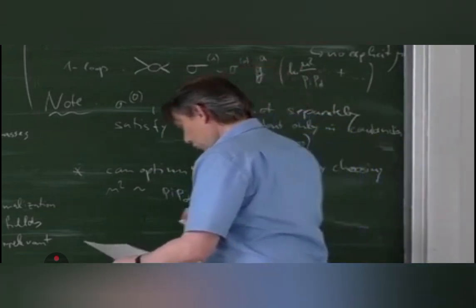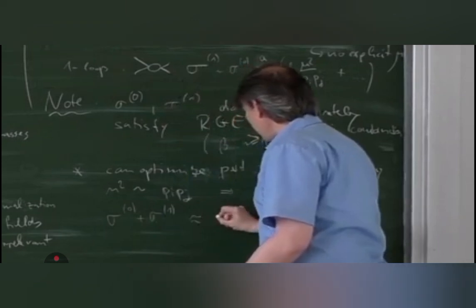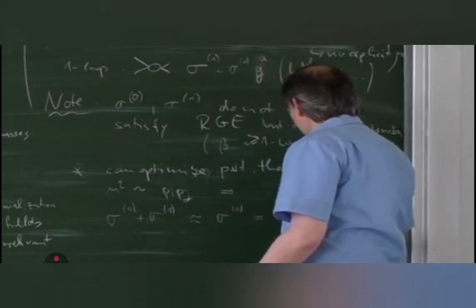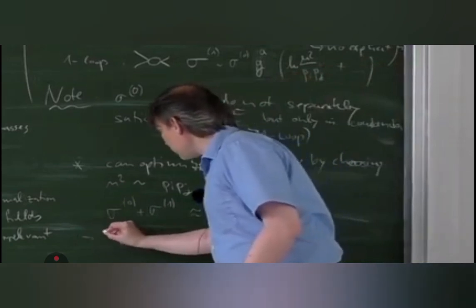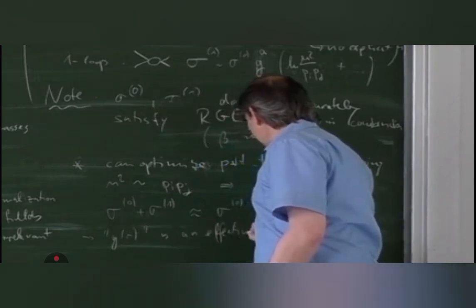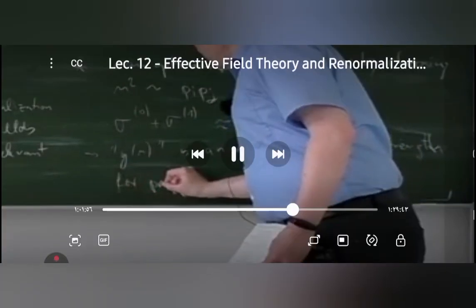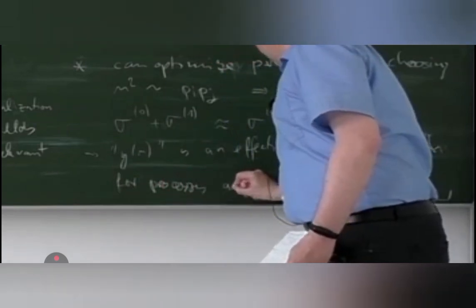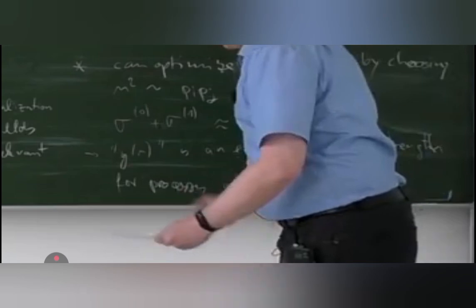Then the full sum sigma 1 plus sigma 2 would be approximately equal to sigma 0, which is given by this vertex with the coupling constant G of mu, and the interpretation is that G of mu is an effective interaction strength for processes happening at these energies. That is the role of the running.